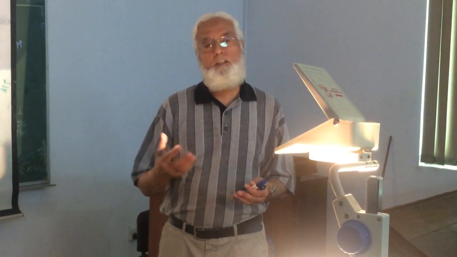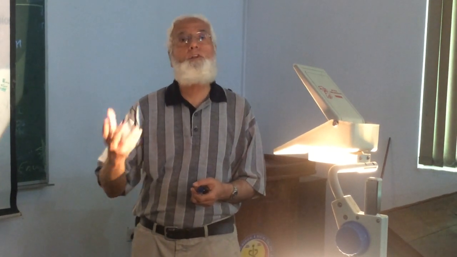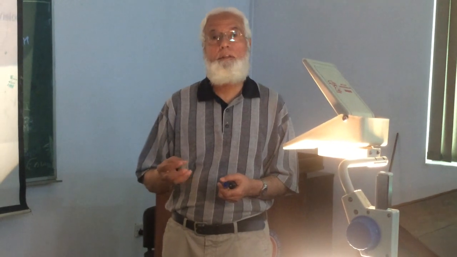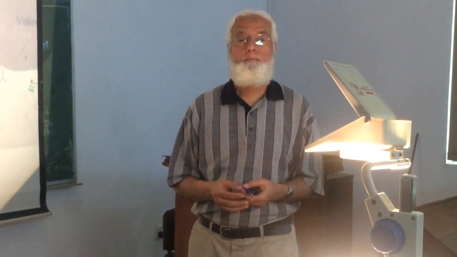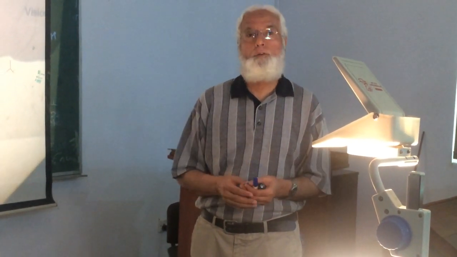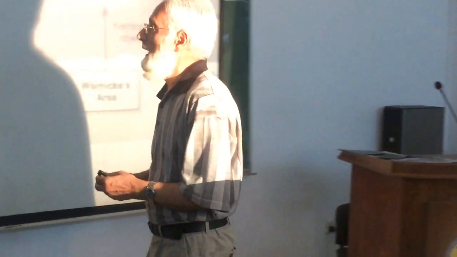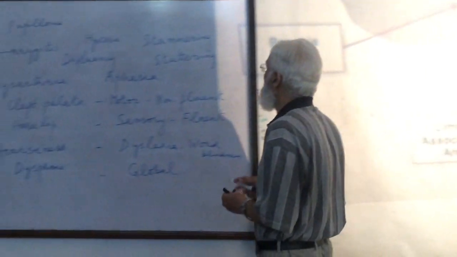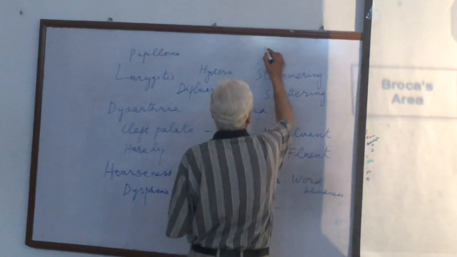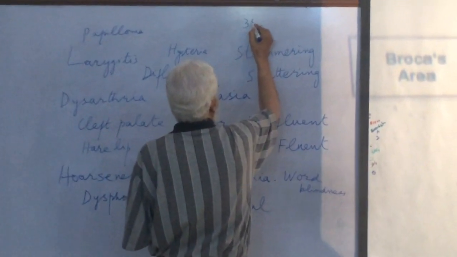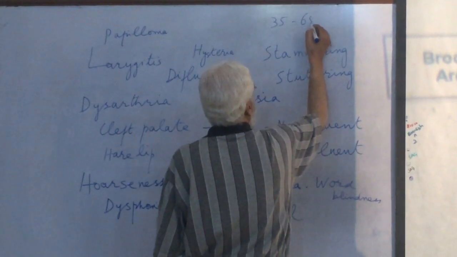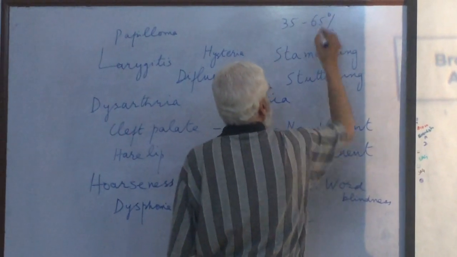Which factors are involved in this stammering? First, there is familial predisposition. For stammering, there is familial predisposition. It runs in families. And the familial incidence is 35 to 65%.